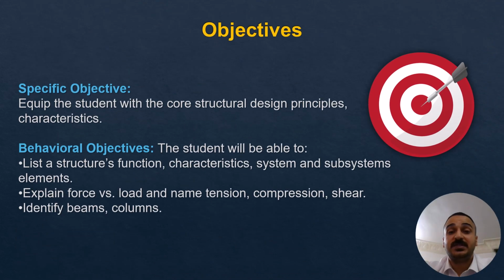The objective of this lecture is to understand the core structural design principles and the characteristics. Regarding the behavioral objectives, at the end of this lecture, you will be able to list the structural function, characteristics, system and subsystem elements, explain force versus loads, and name tension, compression, and shear.